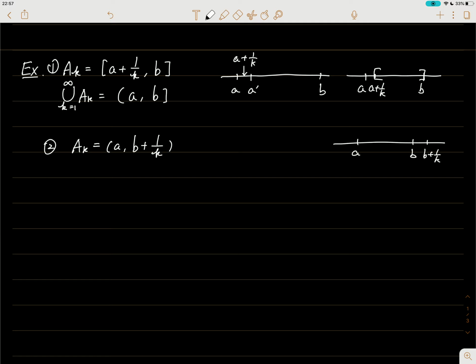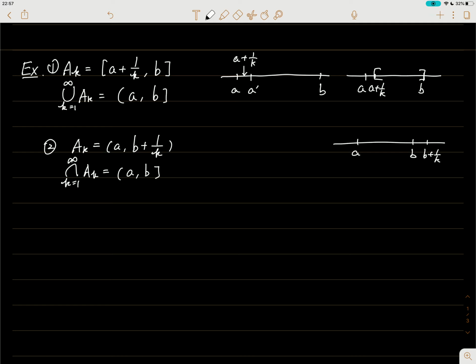And remember that they're all open. So when I take an intersection of those A_k, you can see when k gets larger and larger, this B plus 1 over k will get closer and closer to B. And then when I take the intersection of them, I'll get A, B.